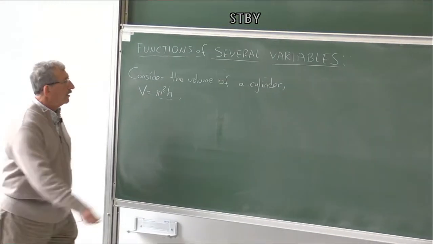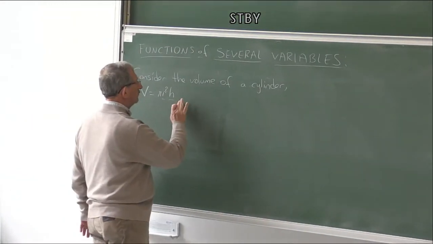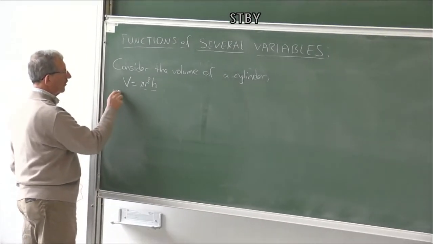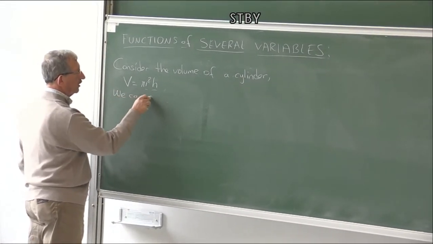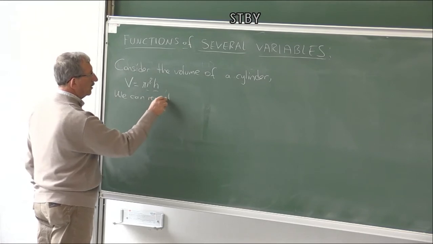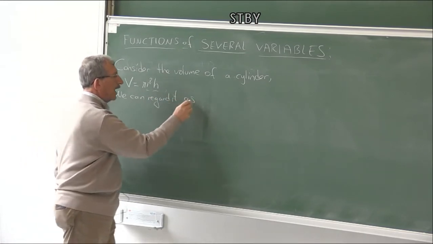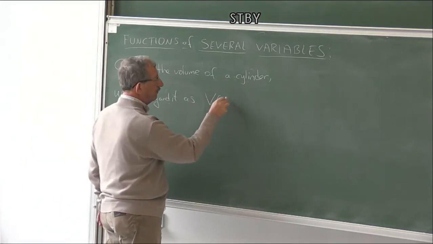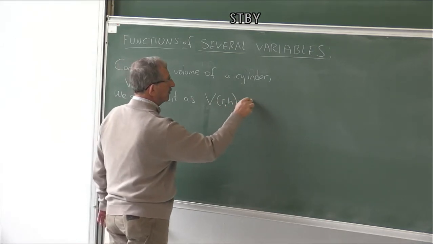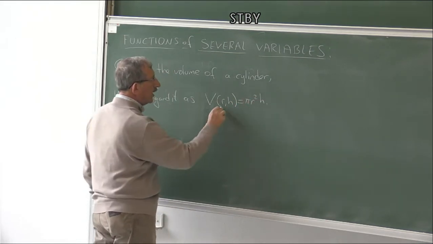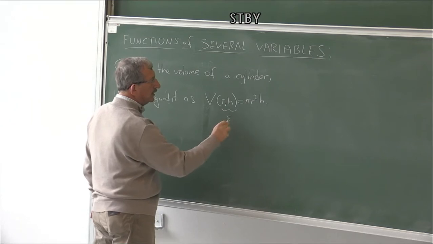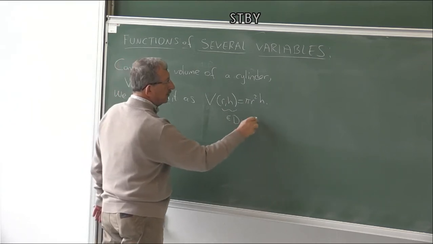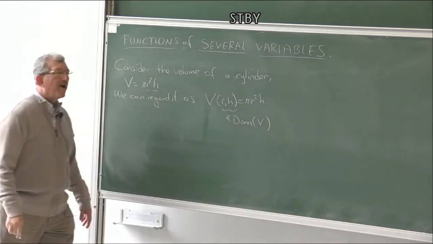Okay. We can increase or decrease any of them without touching the other one. So, okay, we can regard it as a function of a pair, where this point is from the domain of V. Now, where is this domain?